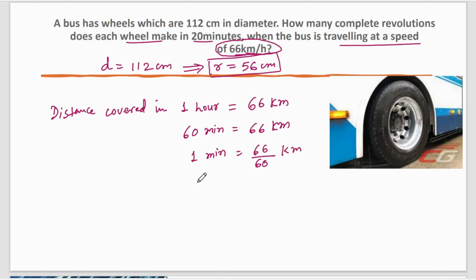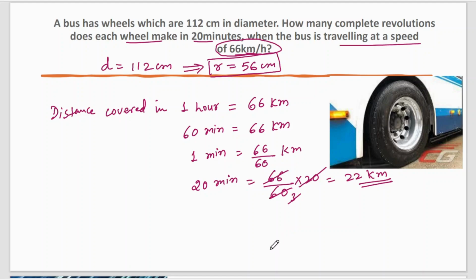And in 20 minutes the bus has covered, 3 times, it will again cancel. You will have 22 kilometer. Okay, that was 1/3 of that.